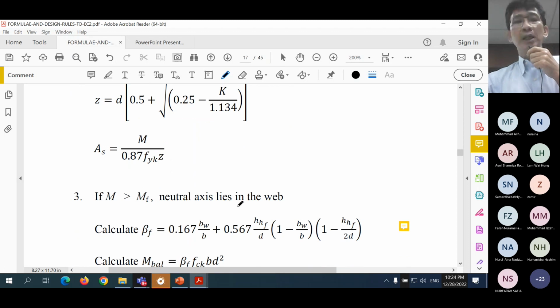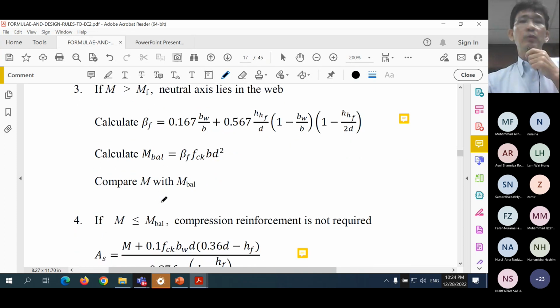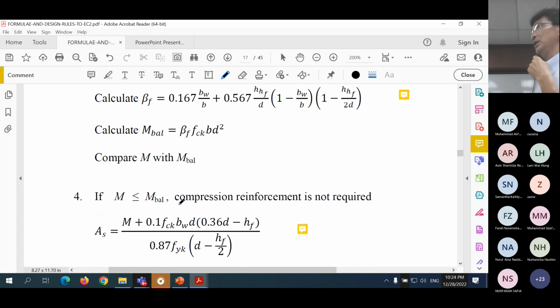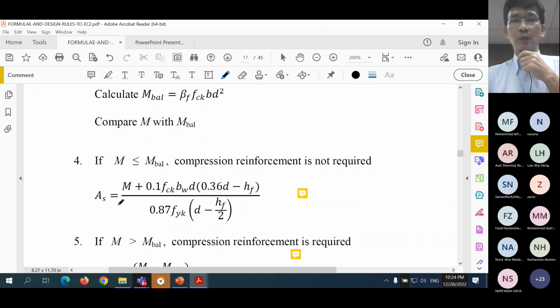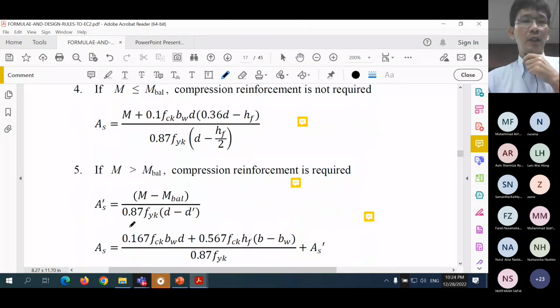If the neutral axis lies in the web, under these conditions, then you have to calculate M balance, then decide whether compression steel is required or not. If compression steel is not required, then calculate AS using these equations. If compression steel is required, calculate AS prime first, the area of compression steel, then you calculate the area of tension steel.